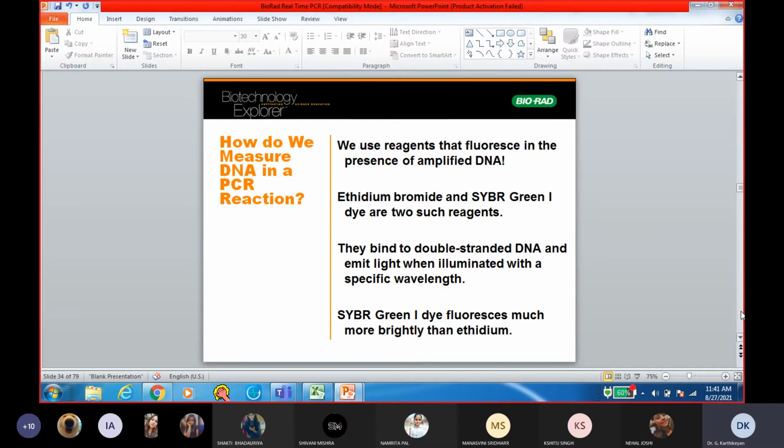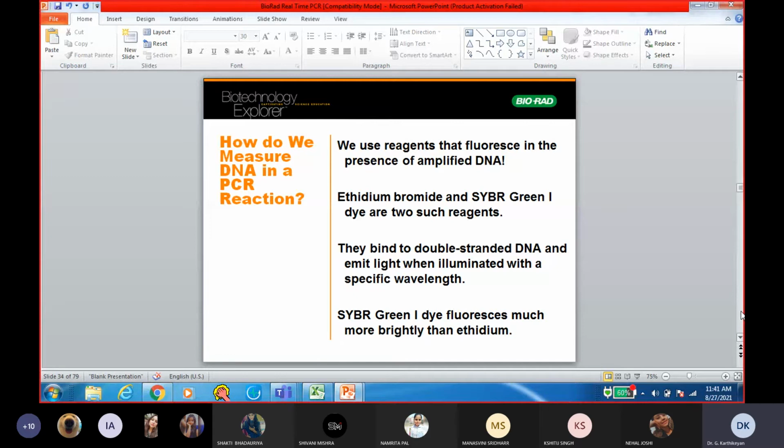So two dyes. Typically we use ethidium bromide when we run an agarose gel, right? And ethidium bromide cannot be used in laboratories for diagnosis because it has a lot of different kinds of disadvantages. So ethidium bromide is generally not used, okay?